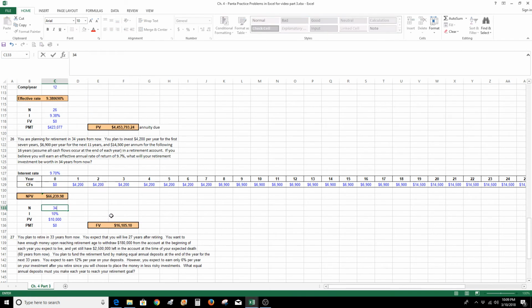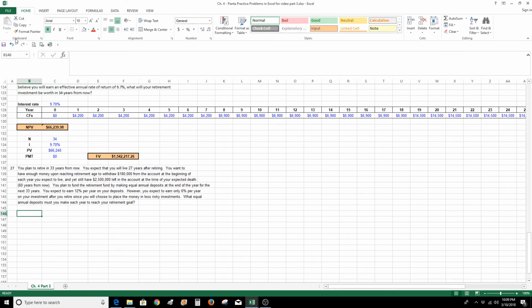Okay, we have 34 years, 9.7%, and then we have a present value, and that gives us our future value of $1,542,217.26.